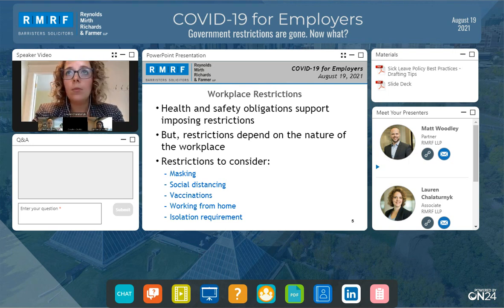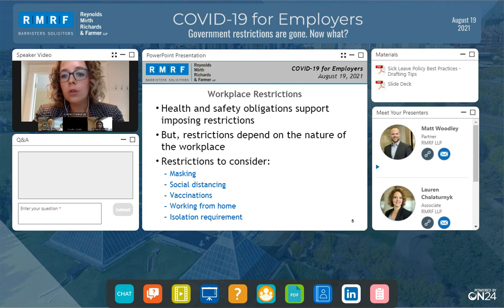And again, even without direction from the provincial government, employers can lean on their general health and safety obligations and potentially direction from other organizations, like the World Health Organization, the federal government, and the chief medical officer of health. Anything that comes from authoritative organizations can be used to justify some of the steps that employers are taking, even without direction from the provincial government.